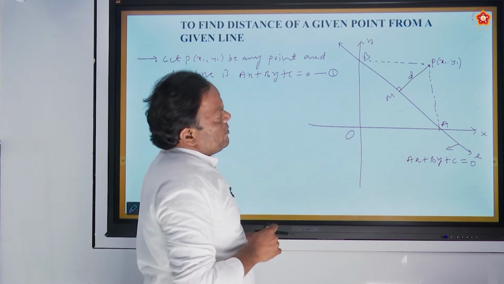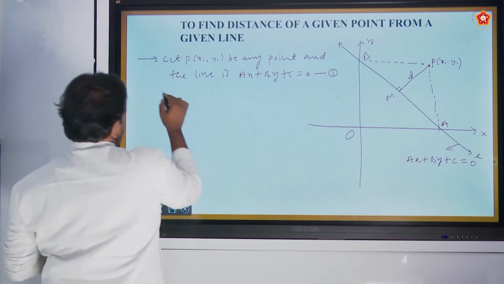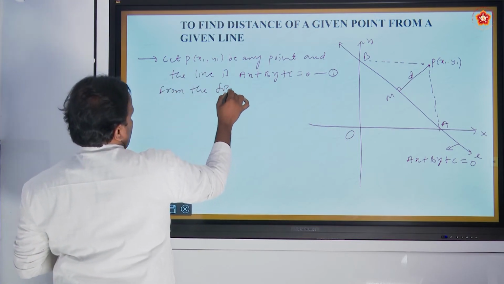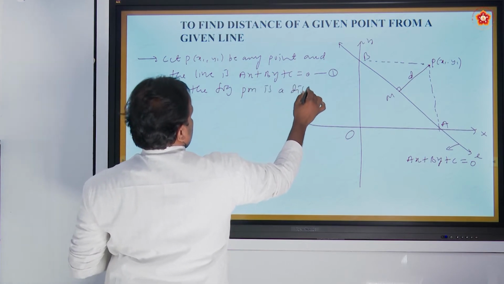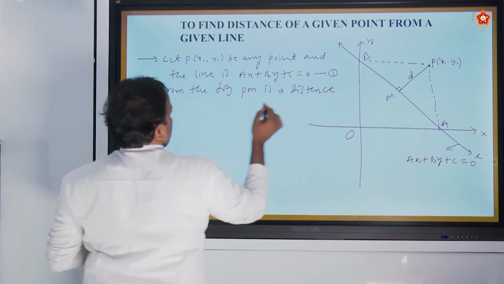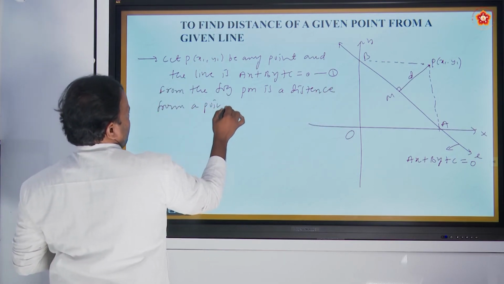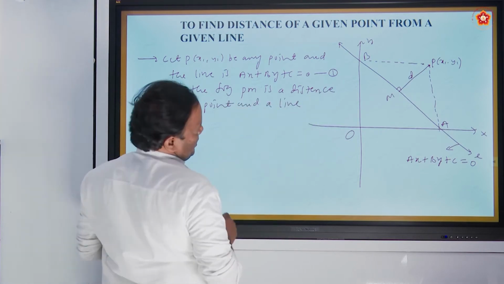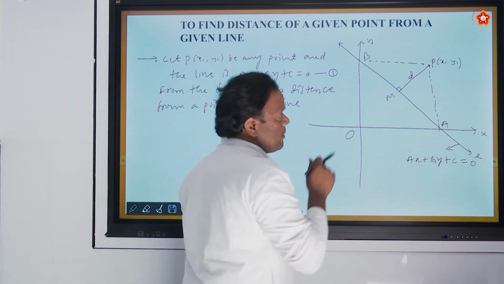So see from the figure, PM is the distance from a point to a line. See the figure. That is D, PM. Then how can you find D or PM?